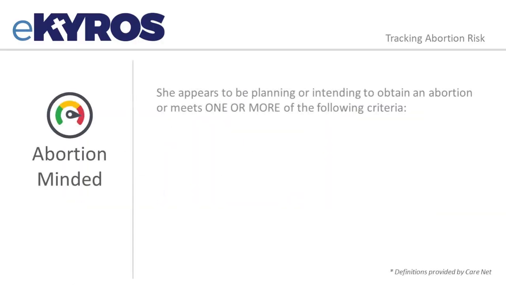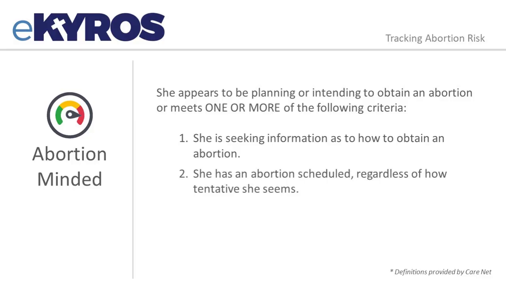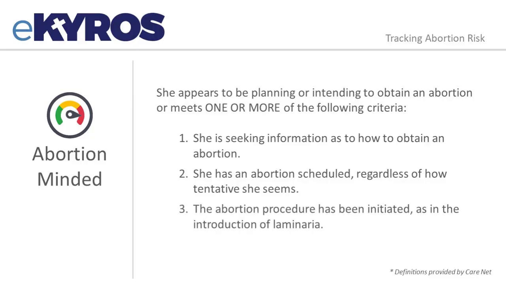First, you would assess a client as abortion-minded if she appears to be planning or intending to obtain an abortion or meets one or more of the following criteria. Number one, she's seeking information as to how to obtain an abortion. Number two, she has an abortion scheduled regardless of how tentative she seems. Or number three, the abortion procedure has already been initiated, as in the introduction of laminaria.